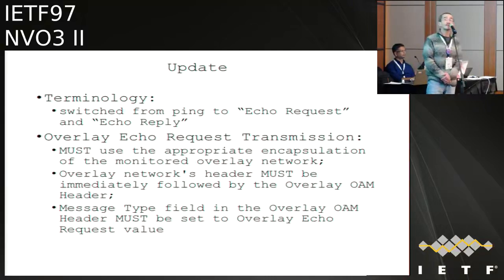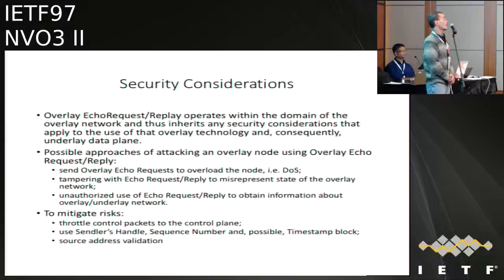Yeah, so for the security considerations, obviously because we are part of an overlay network, we inherit all the security considerations of the particular underlay and overlay networks. At the same time, there are three types of threats, attack vectors, that need to be considered. To mitigate these threats, as usual in echo request reply, we recommend rate limiting the number of packets being punted.